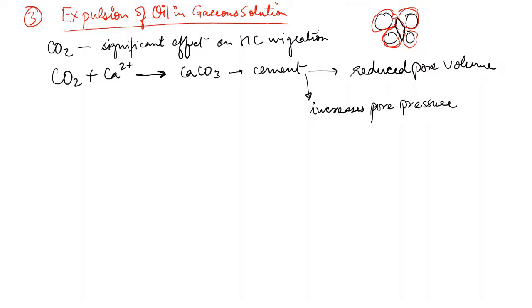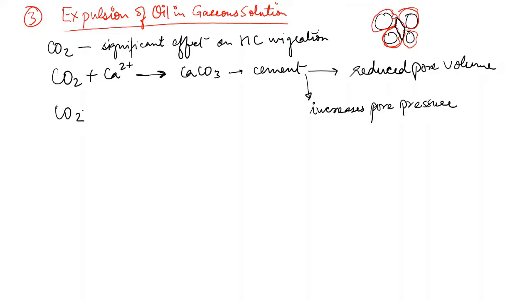You should always know that there is a certain limit to which the pressure may hold. Otherwise, if the pressure goes beyond the limit of that pore or the rock of that lithology, it will burst out. So the increase in pore pressure is a very important process for the expulsion of the hydrocarbon.